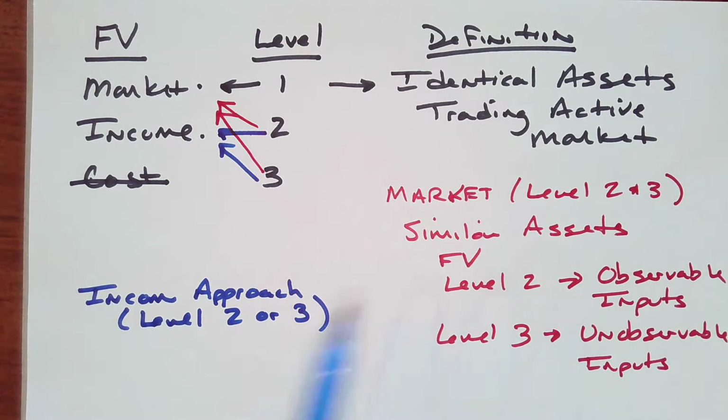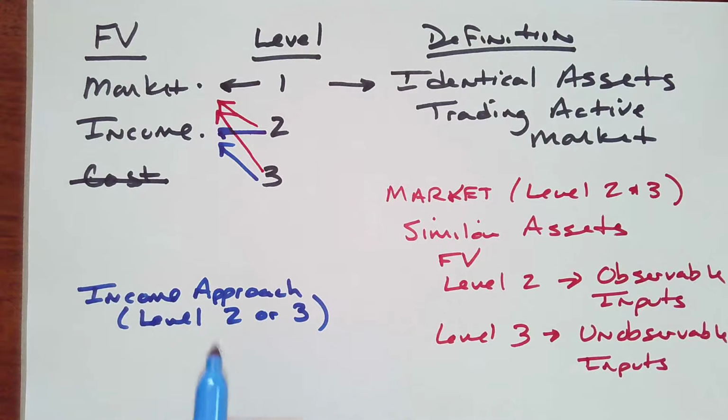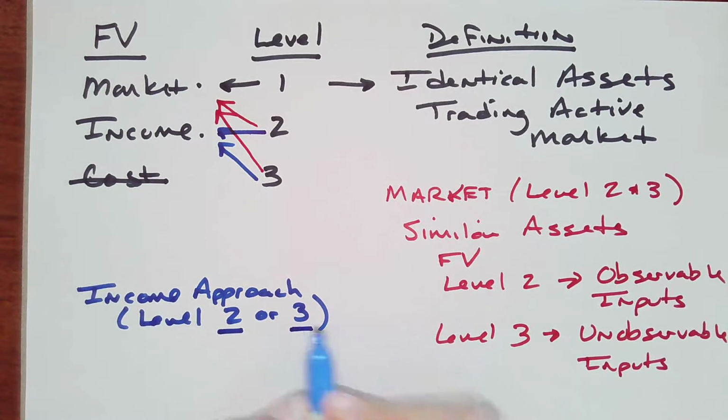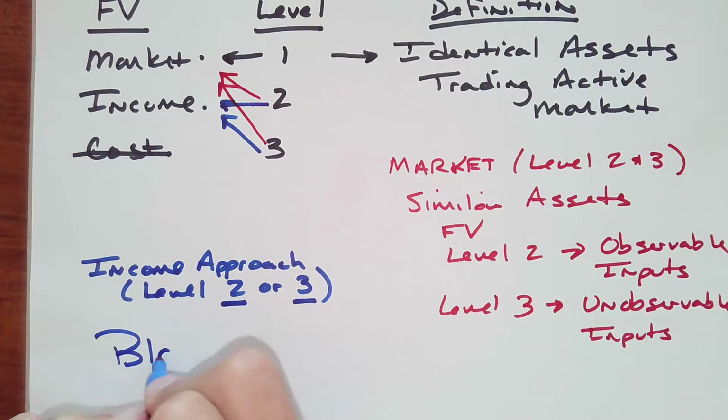And unsurprisingly, in an income approach, it's the inputs into your income model that are either observable for level 2 or unobservable for level 3. And when we think about an option model, we think about an income option model, we think about the Black-Scholes model.